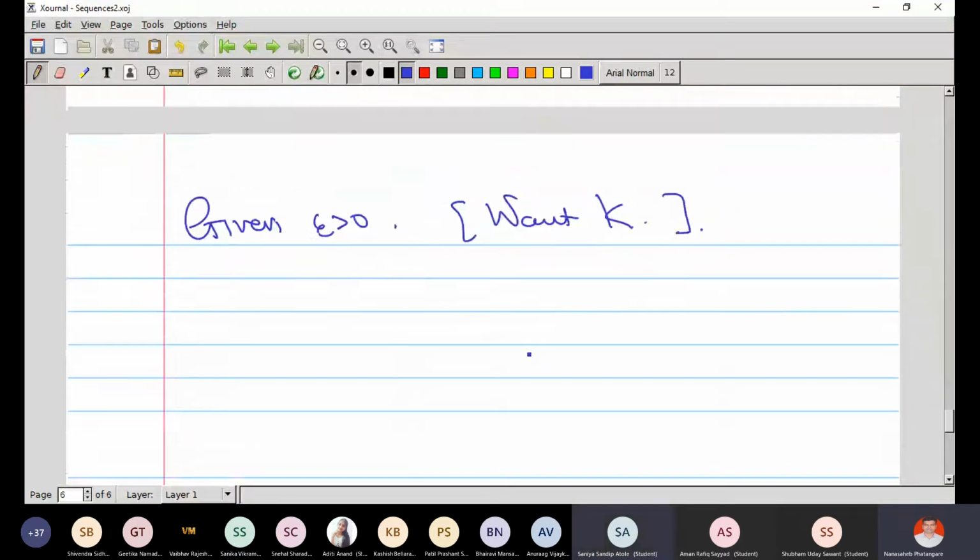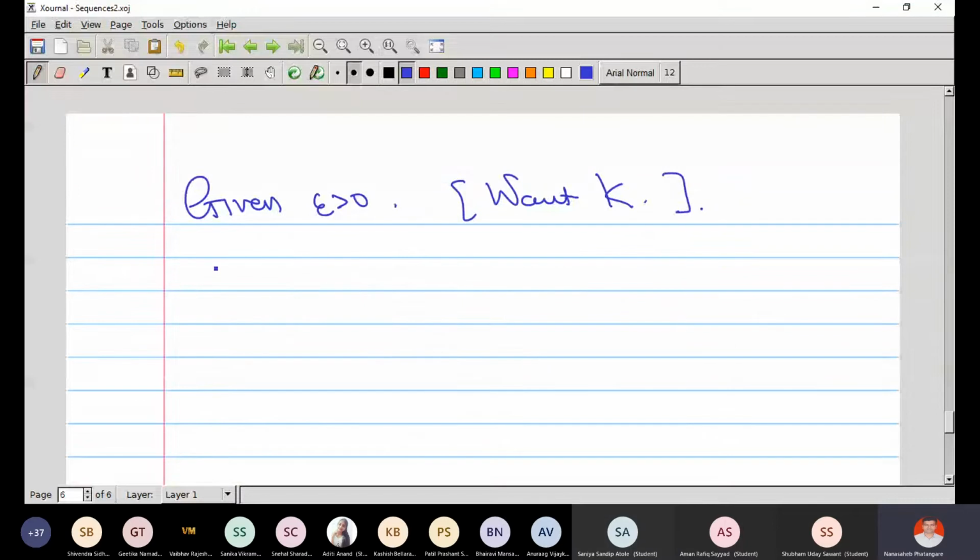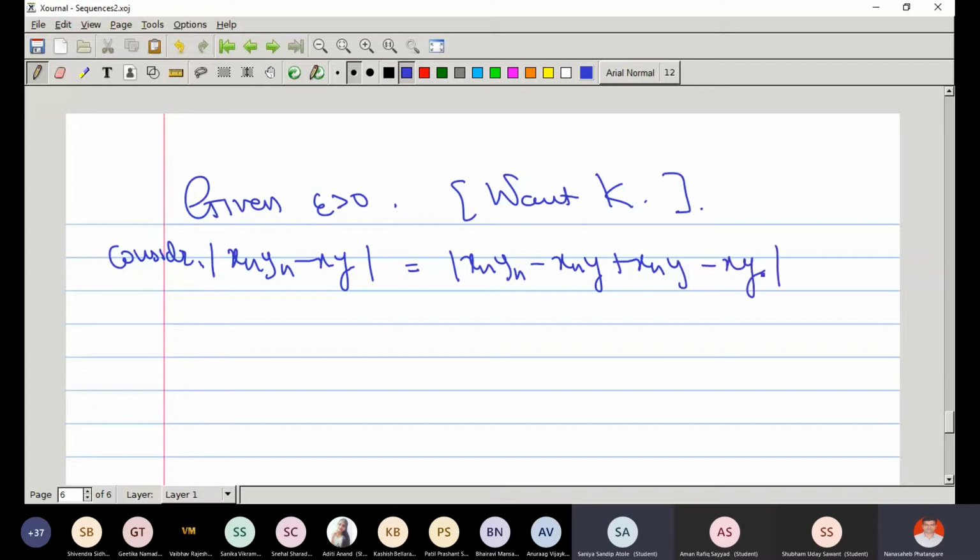This is our aim. So let us try to simplify this difference so that we can easily guess the value of k. So first of all, I will simplify xn yn minus x y. I will just add and subtract xn into y.